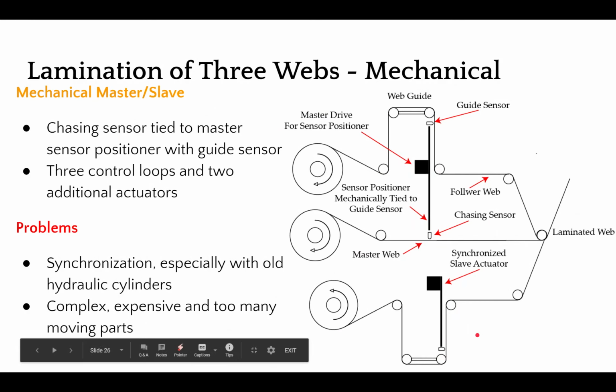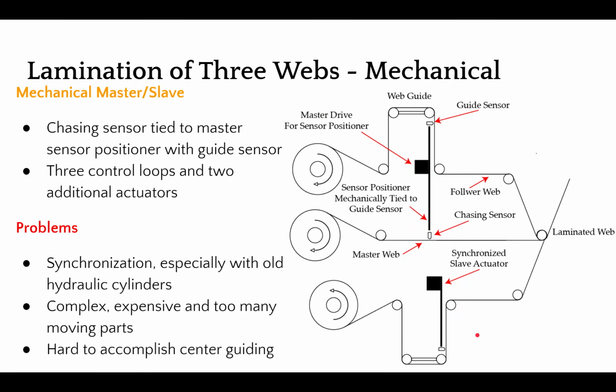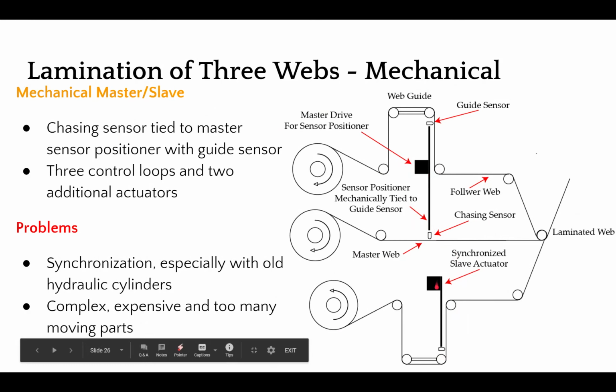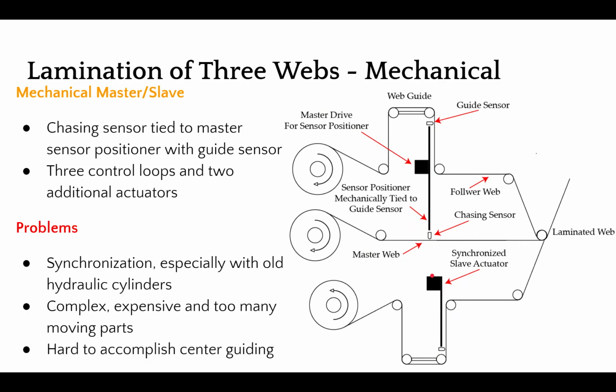So as you can see, it just gets too complicated too quick. And the main problem with these kinds of things is synchronization. This master actuator and the slave actuators may get out of sync with respect to each other in terms of position. Now that creates more problems than it can solve.